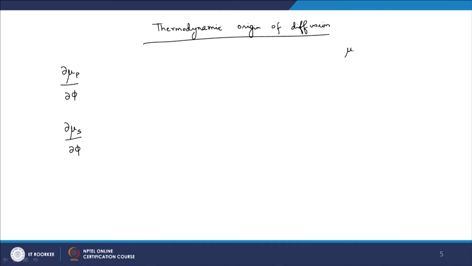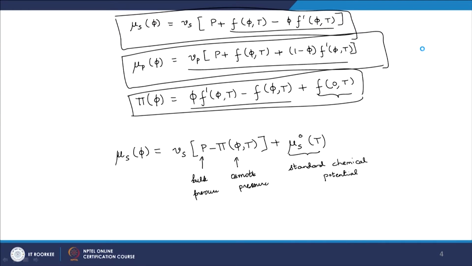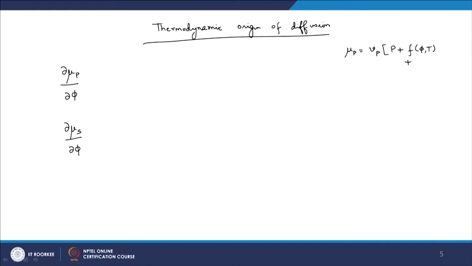So, let me first reproduce it here. mu p is equal to V p multiplied by p plus f of phi t plus 1 minus phi f prime of phi t.